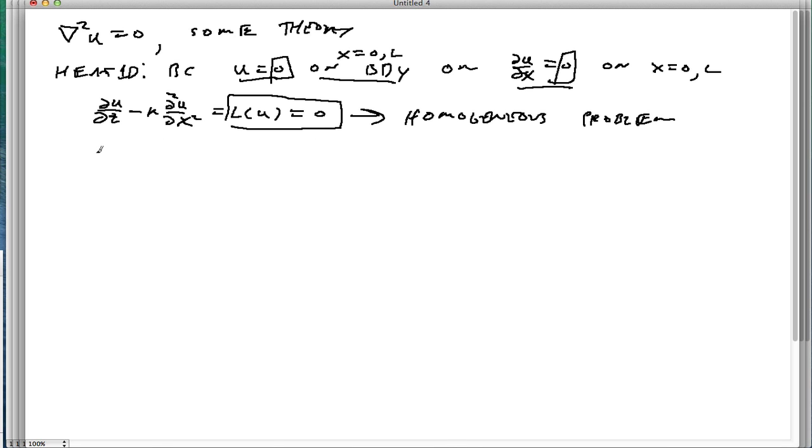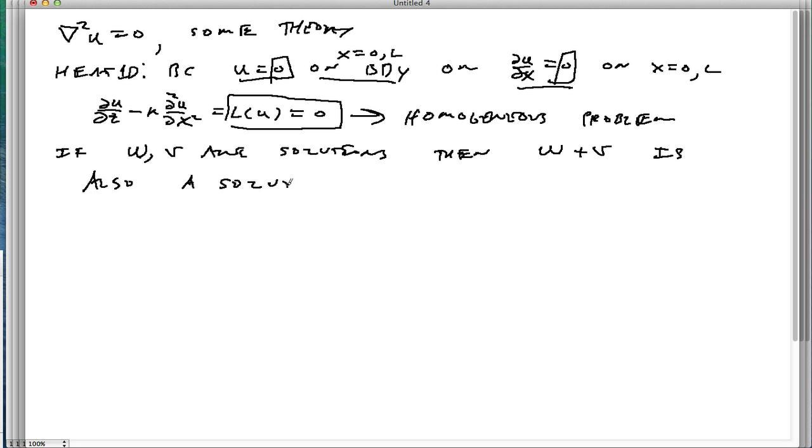And what we mean by homogeneous and why we call it that is if W and V are solutions, then W plus V is also a solution, right? And why is that the case?